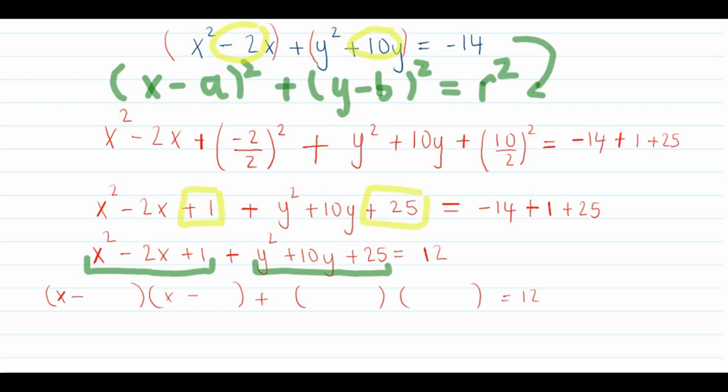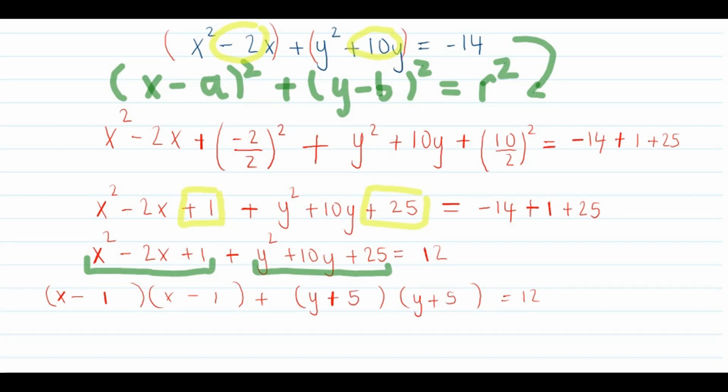And then the factors of 25 that, if you add them together, give us 10, are 5 and 5. What do we see here, guys? We've got x minus 1 all squared plus y plus 5 all squared, and that is equal to 12, right? And ta-da, we have this equation finally in its general form.